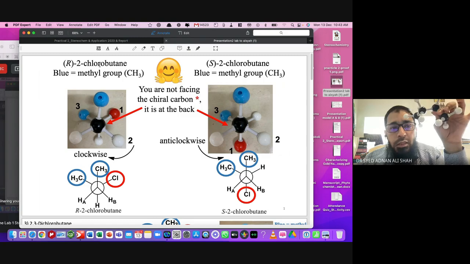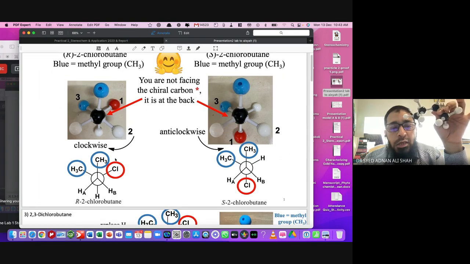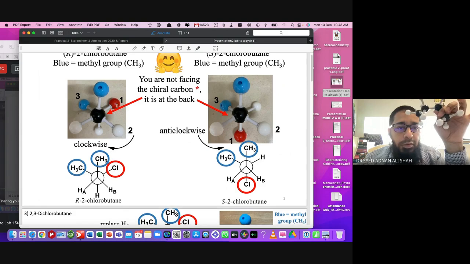In this model, you can see this one is the carbon, this one is the chloride, and this one is the methyl group, right? The red one is the chloride group, and this one is the biggest one, which is CH3 CH2 CH3, right? So from here you have to move 1, 2 and 3. The 3 is the methyl group.